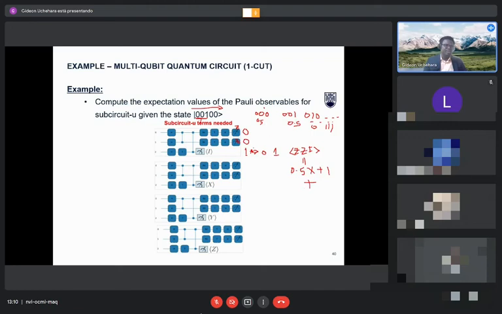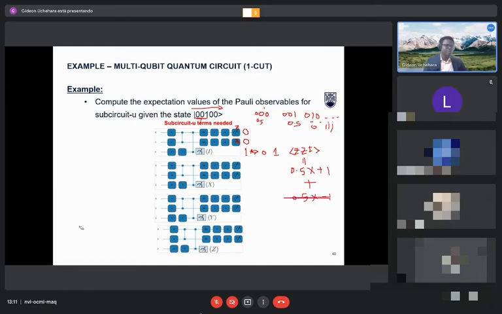Then the next state we're supposed to look at from this probability distribution is 0, 0, 1, and that's this. The value is 0.5. We multiply 0.5 by minus 1.